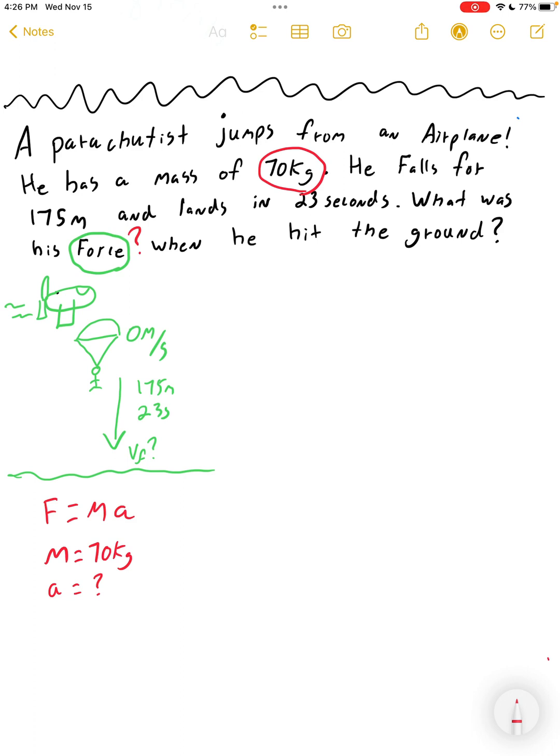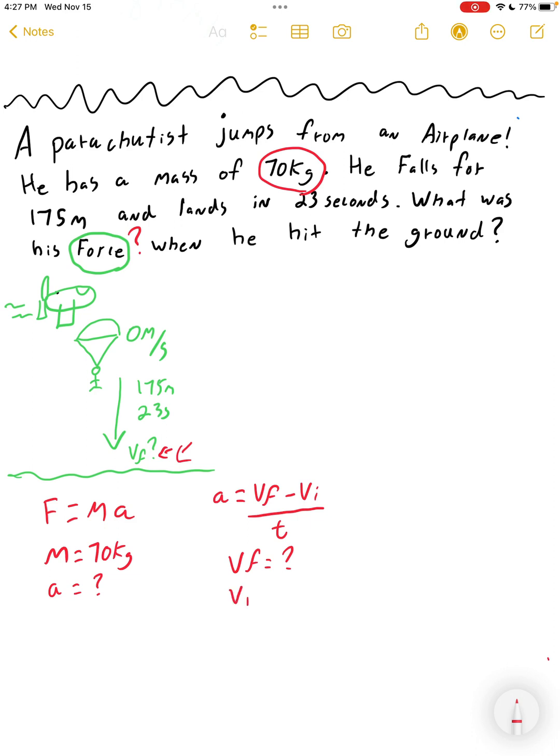So what is acceleration? We know that acceleration equals change in velocity, change in speed over time. So his final velocity, right there where he hit the ground, hopefully he hit softly, minus the initial velocity, what he started with, divided by the time. Okay, so we're trying to figure out acceleration. The final velocity, you guessed it, we don't know that. Okay, we gotta calculate it.